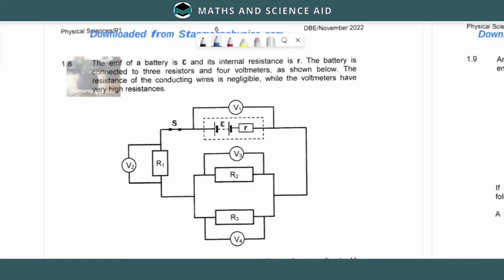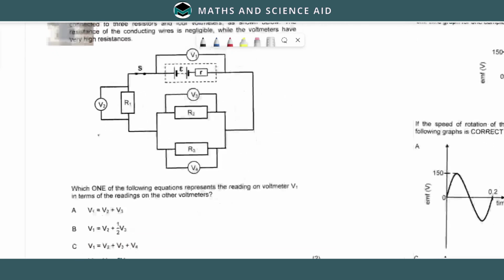Okay? And here is that circuit. So let's see the question. The question is, which one of the following equations represents the reading on voltmeter V1 in terms of the readings on the other voltmeters?